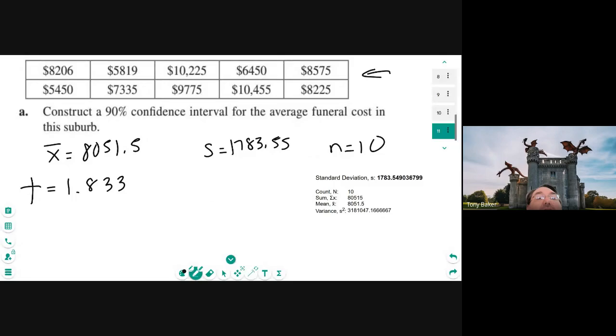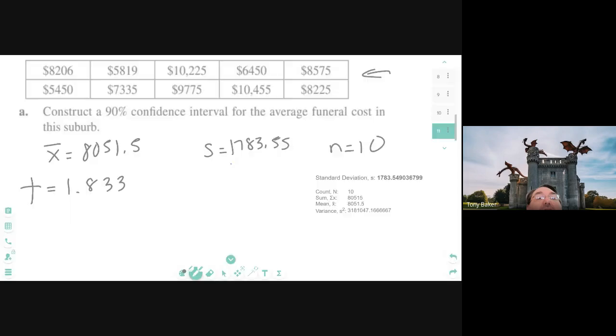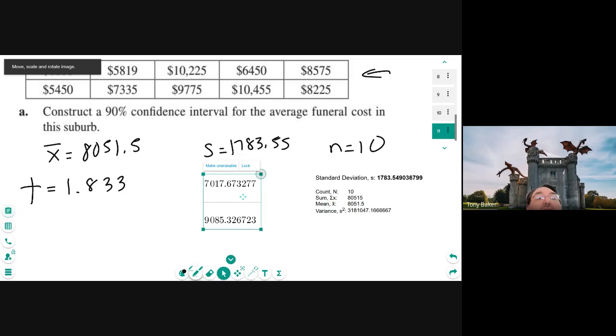Let me make sure I get the right numbers. 178355. So what was it? 90%. 1.833.